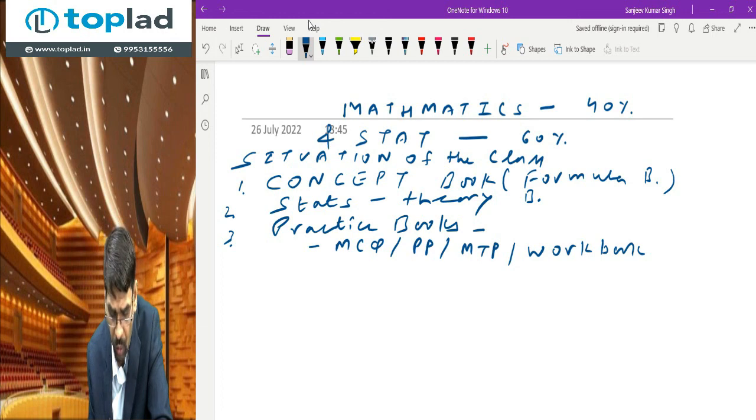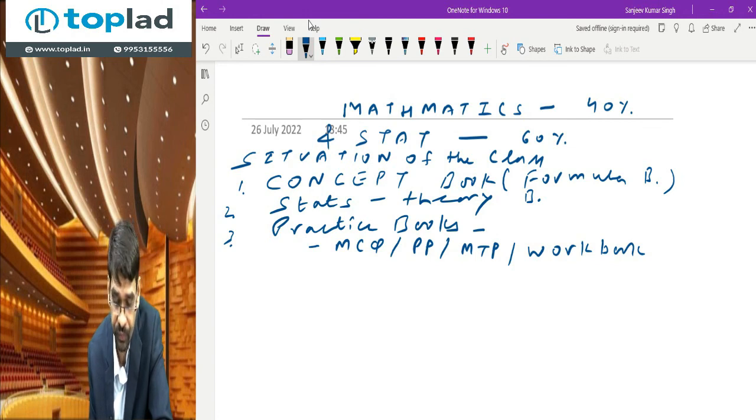We will compile all the questions from the MCQs, past papers, mock test papers, and workbook in the practice book at one place. Just use the practice books and get 100% marks.